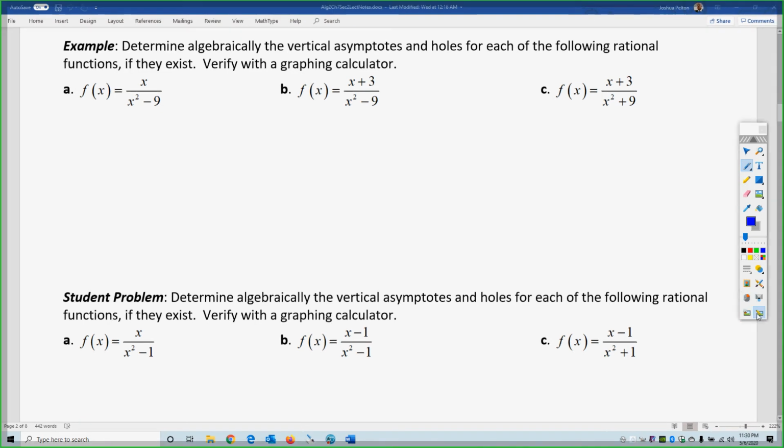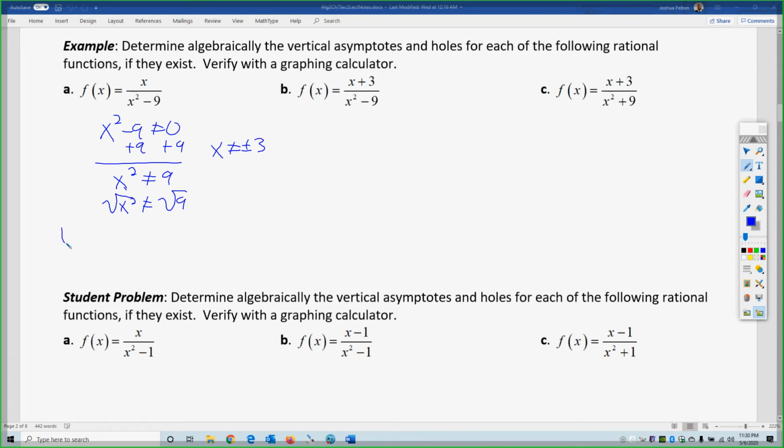Okay, in the first case, the numerator and the denominator have nothing in common to factor out, but x squared minus 9 cannot be 0. So if I add 9, x squared cannot be 9. And if I square root that, x cannot be plus or minus 3.